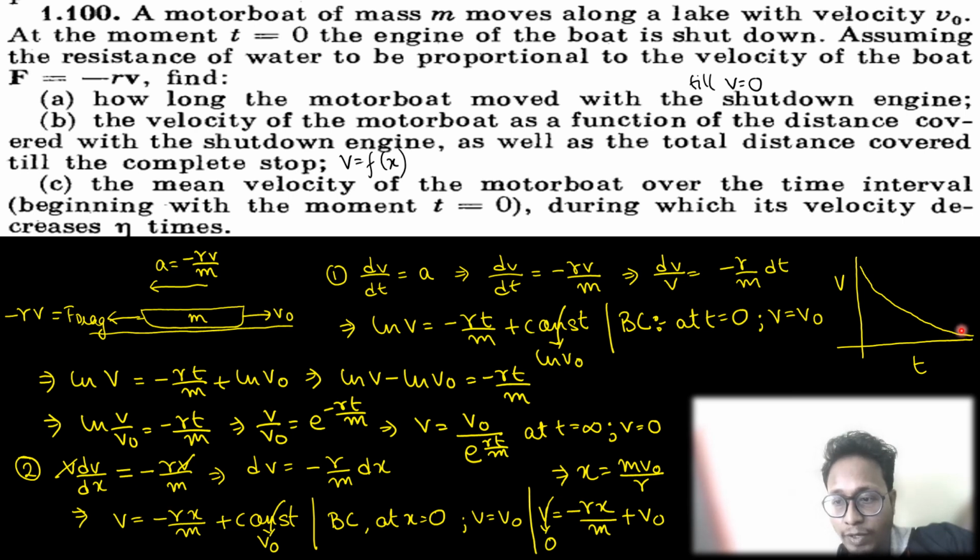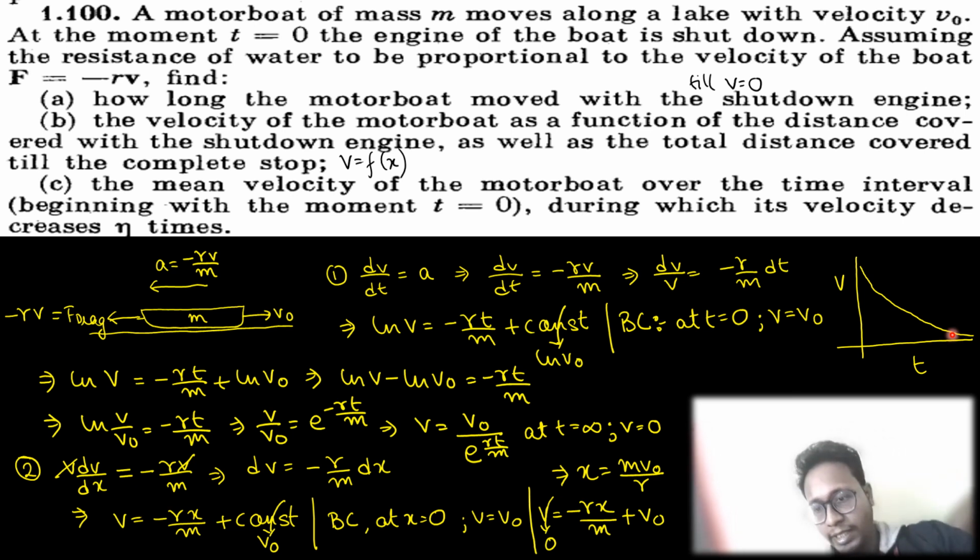That means this graph will meet the t-axis at infinity. But can I say the entire distance, or the integration of v dt, is the displacement? The majority of the displacement happened here, and from this part to infinity the displacement will be negligible compared to this value. The area under this minute curve would be negligible compared to this larger area.